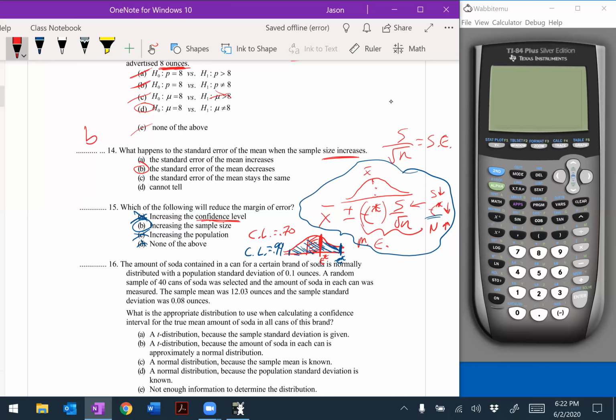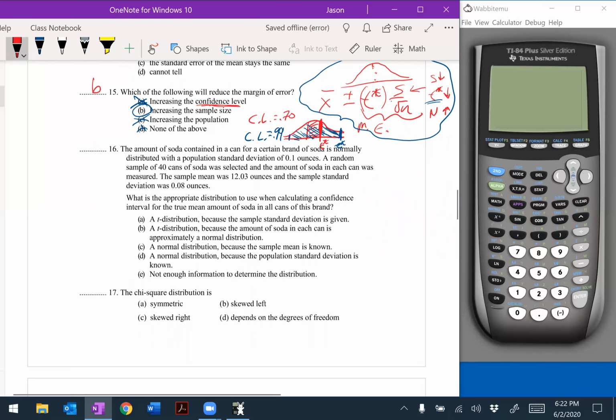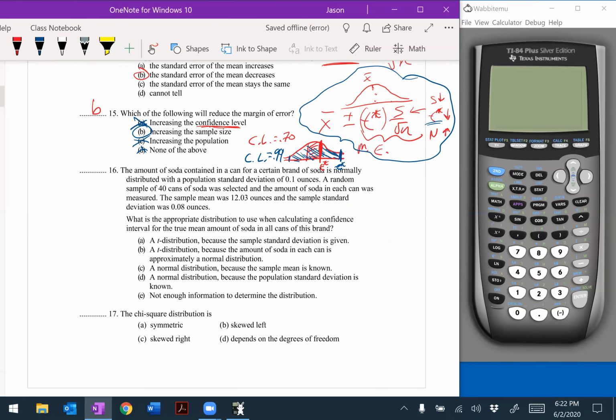I'll change the color here to B. Okay, number 16. The amount of soda contained in a can for a certain brand of soda is normally distributed with a population standard deviation of 0.1 ounces.